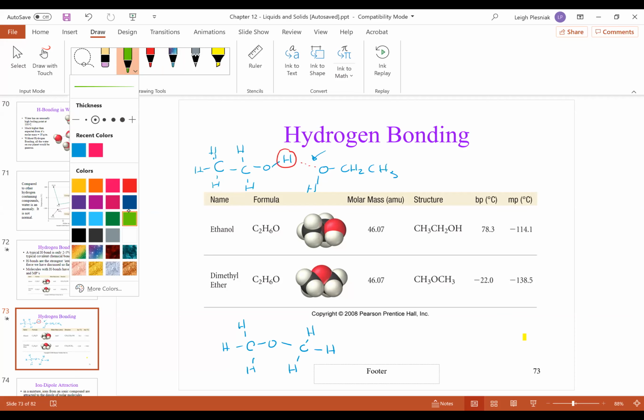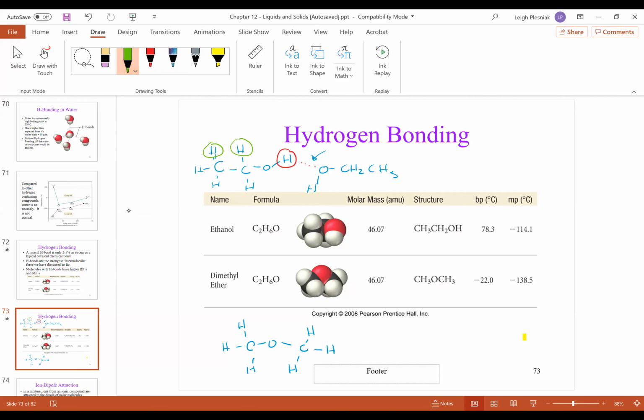I'm going to put a green circle around all the hydrogens that cannot hydrogen bond in ethanol, right? Those are all attached to carbon. They cannot participate in hydrogen bonds. If we look down here at dimethyl ether, all of the hydrogens are attached to carbons, so none of them can participate in a hydrogen bond.